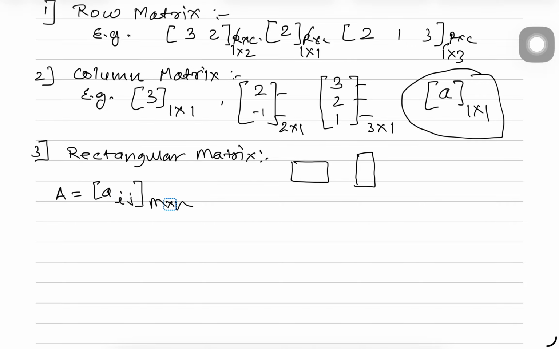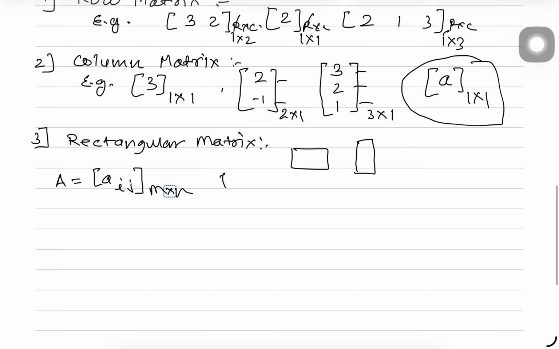The condition is m not equal to n. The number of rows is not equal to the number of columns.